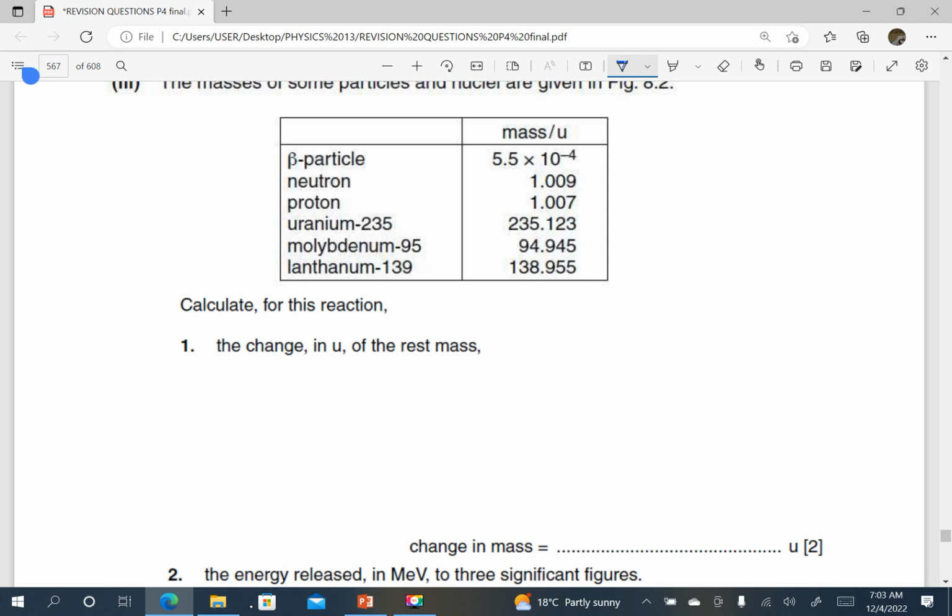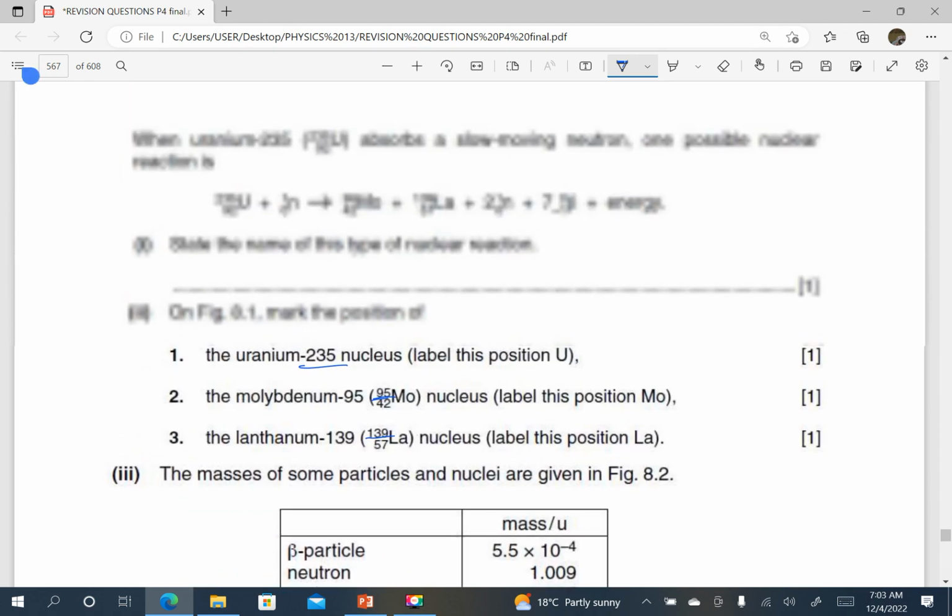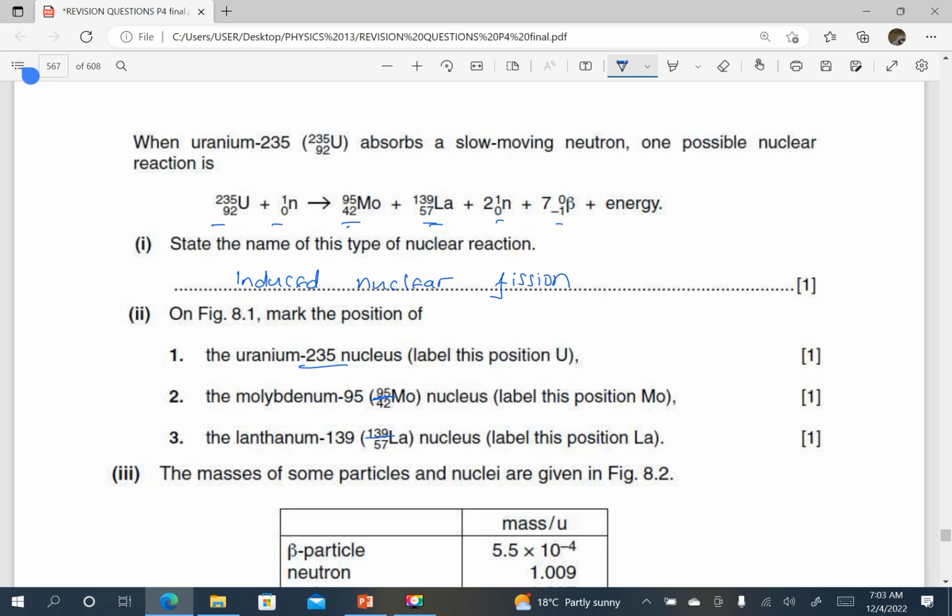So let's find the mass on the right hand side. On the right hand side we have Mo, we have La, 2 neutrons, 7 beta particles.